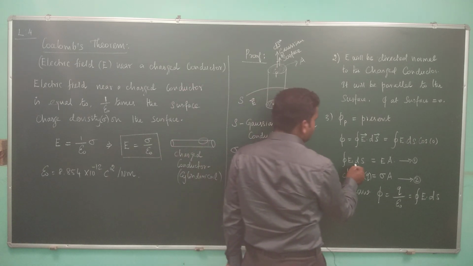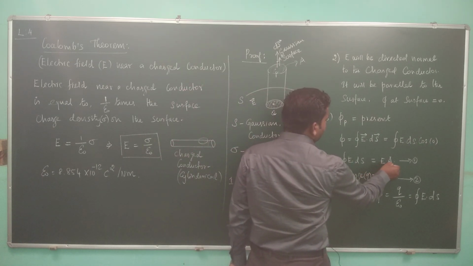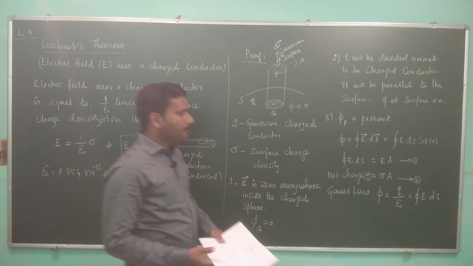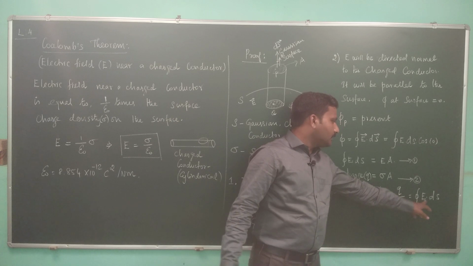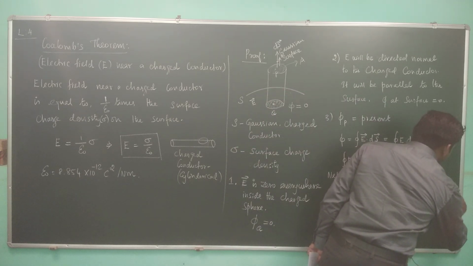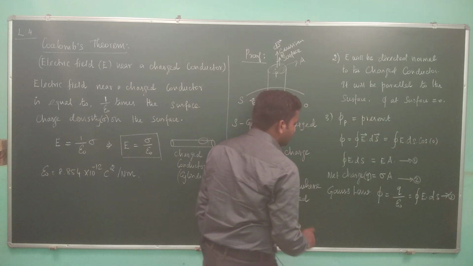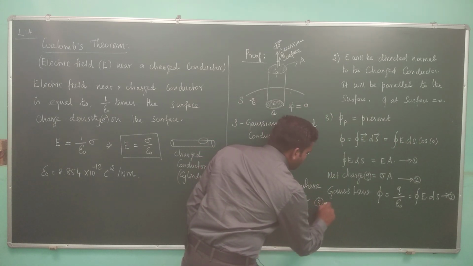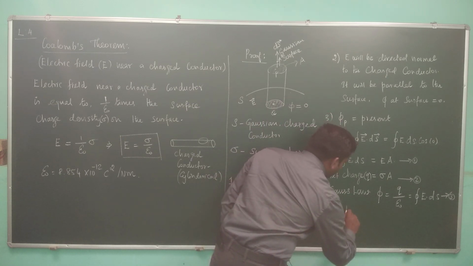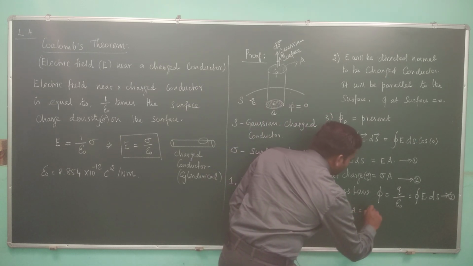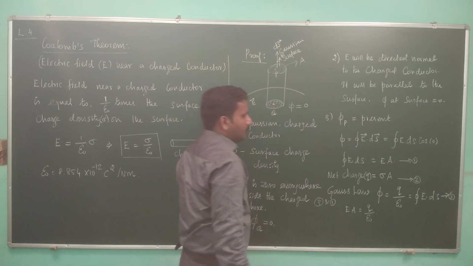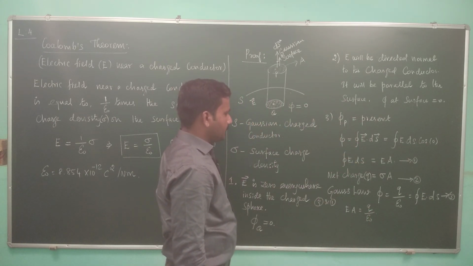And here we have an expression, the product of electric field and cross-sectional area, in the place of the closed integral of E dot ds. So comparing equation number 3 and equation number 1 gives us EA equal to q by epsilon naught.